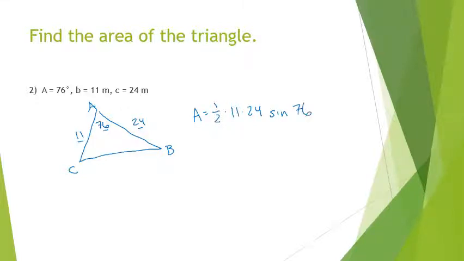All right, so now I'll type that in. 1/2 times 11 times 24 times the sine of 76, and I get 128.07, so I'll round it, square meters. Okay, not bad.